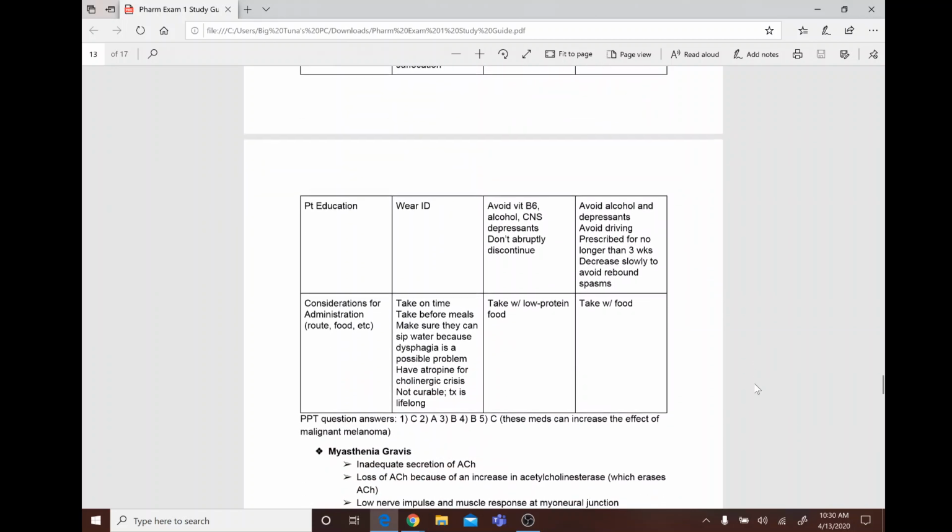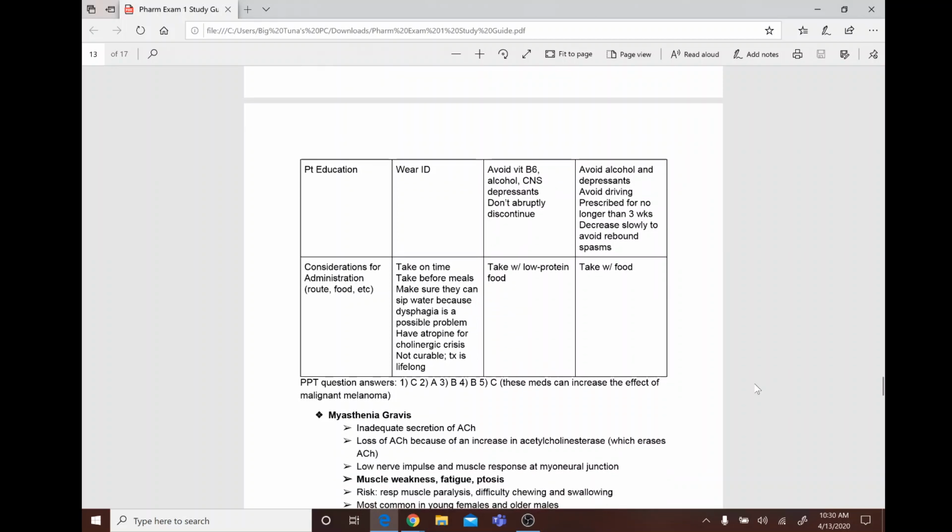What do we need to educate the patient on when taking carbidopa and levodopa? Avoid vitamin B6, alcohol, and CNS depressants, and do not abruptly discontinue.